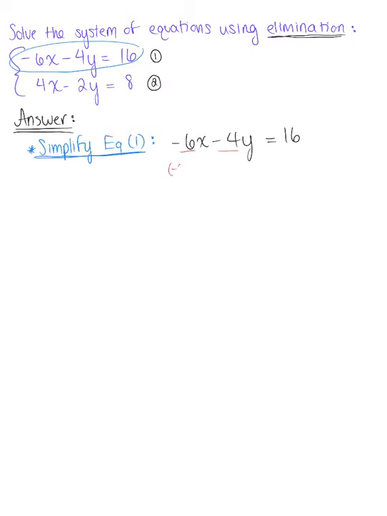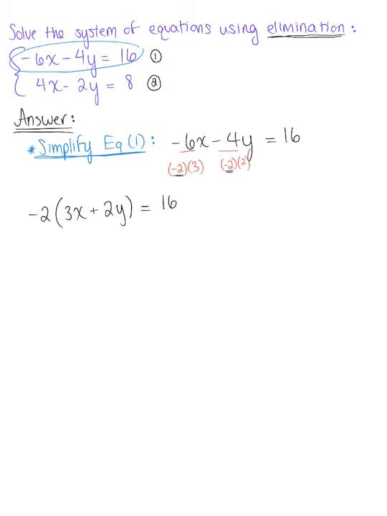Negative 6 can be rewritten as minus 2 times 3, and negative 4 can be rewritten as negative 2 multiplied by 2. Let's factor out the common factor of negative 2. So I'm going to factor negative 2 out of the left-hand side, which leaves us with 3x plus 2y, and that's equal to 16.